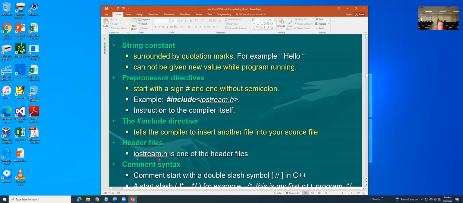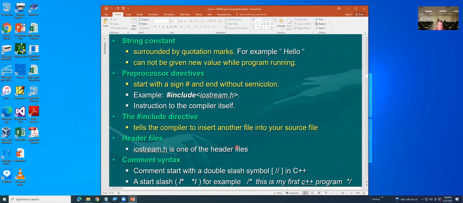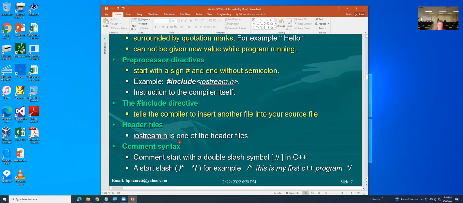Header file, iostream.h is one of the header files, okay? That means Microsoft made a lot of libraries, okay, to help you write the program.